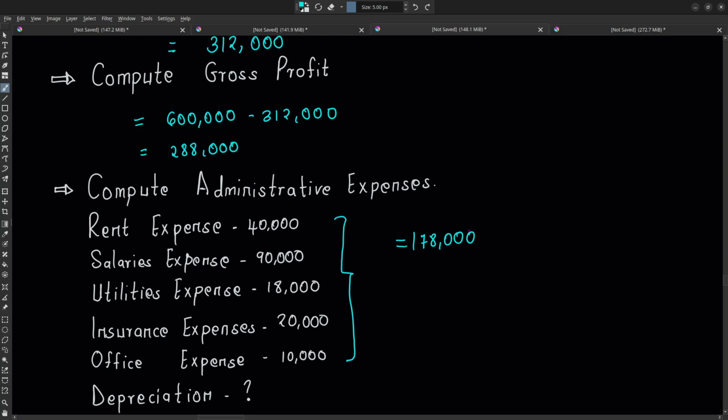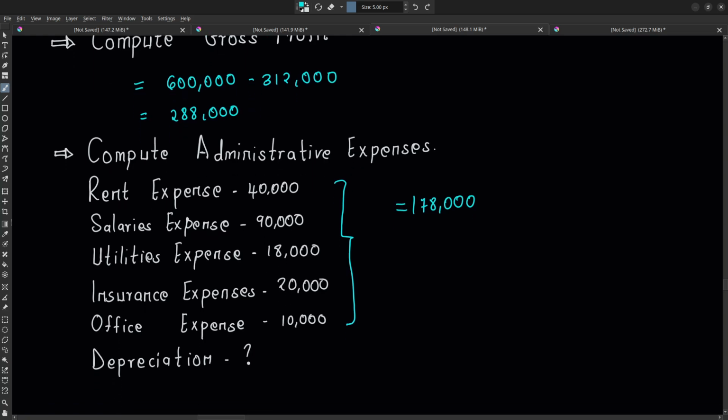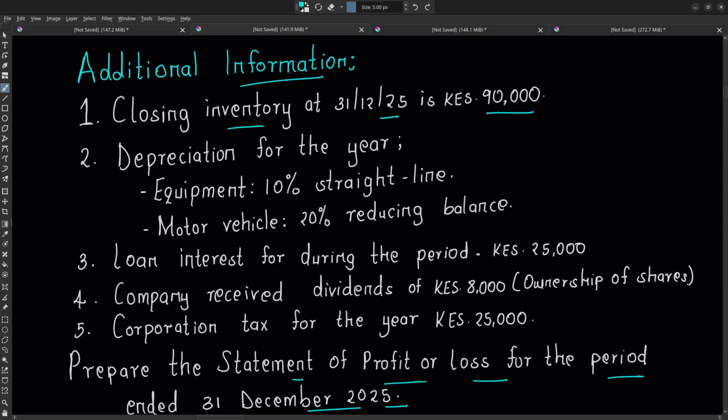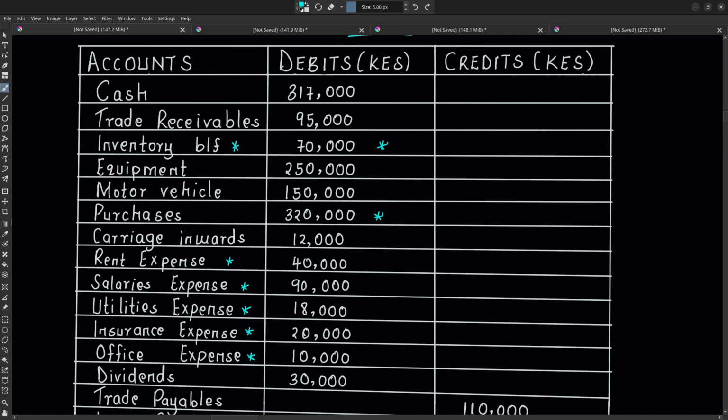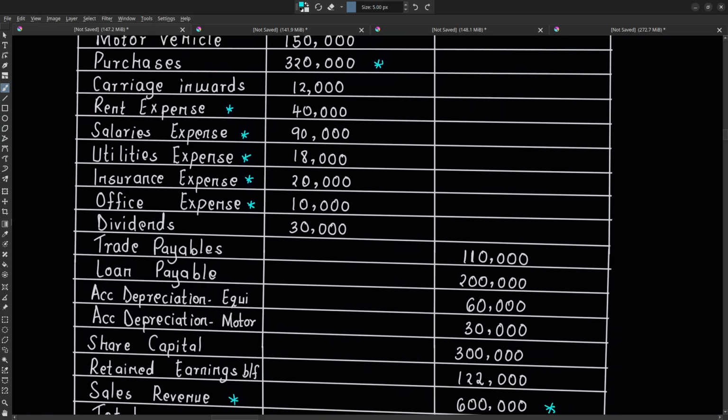Okay, but one thing you should not forget, from our additional information we are given the depreciation for the year: equipment is 10% straight line method, and motor vehicle 20% reducing balance. Okay, so when you look at your TB, you have an account with accumulated depreciation for equipment and accumulated depreciation for motor vehicle. We have balances of 60,000 and 30,000. Remember, this is basically accumulated depreciation from the prior periods.